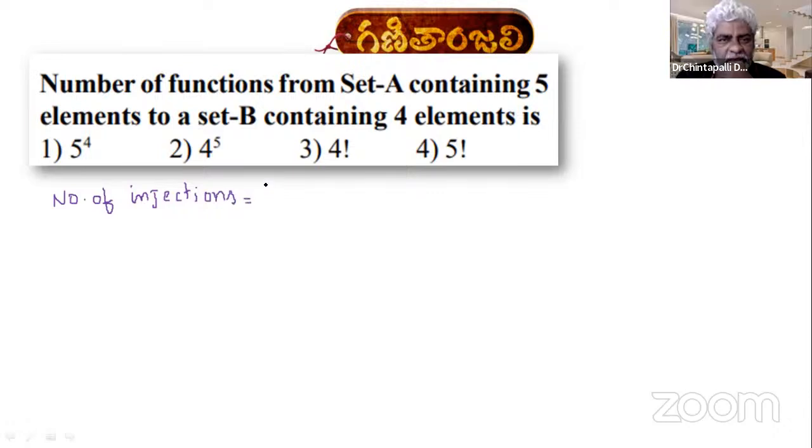The formula is nPm, where n is the number of elements in the codomain and m is the number of elements in the domain.